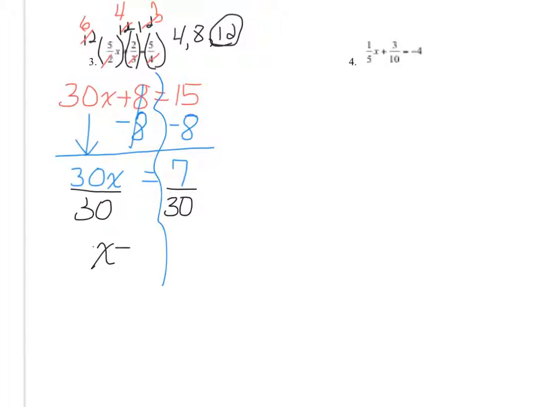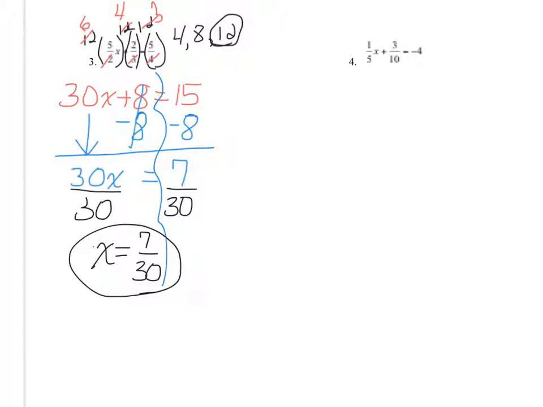X is equal to, and you're just going to leave it because 30 doesn't go into 7, so it's 7/30ths. Don't be scared of getting a fraction answer. You had fractions in your question. Okay?